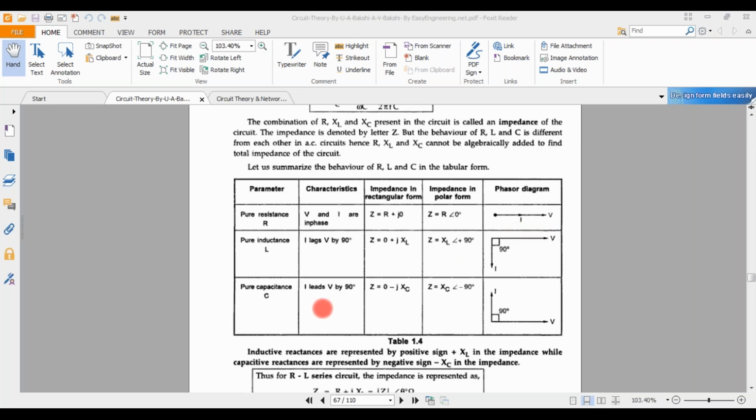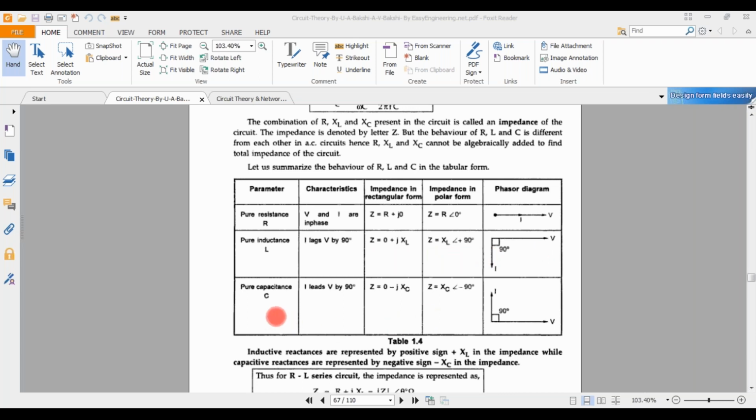Similarly, for the case of an inductance, current I is lagging behind the voltage by 90 degrees. The rectangular form of impedance is given as plus jXL, with its polar form and vector diagram.